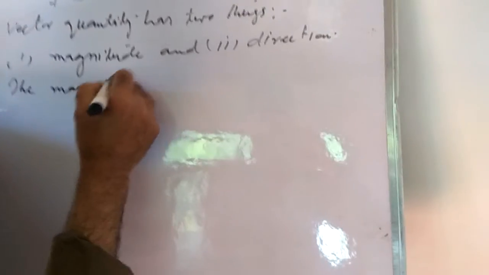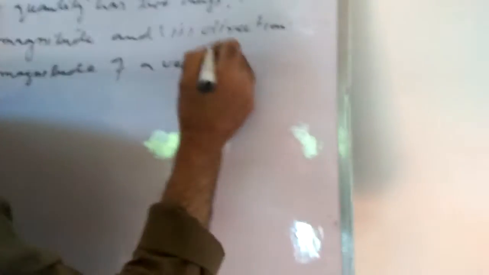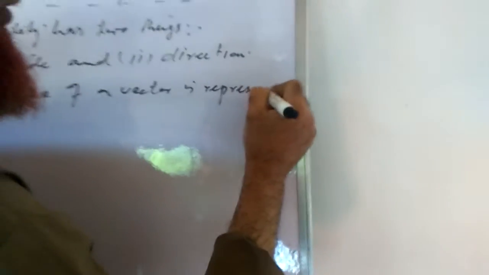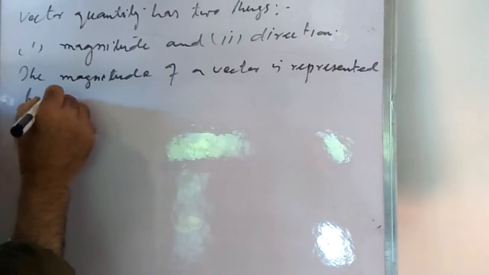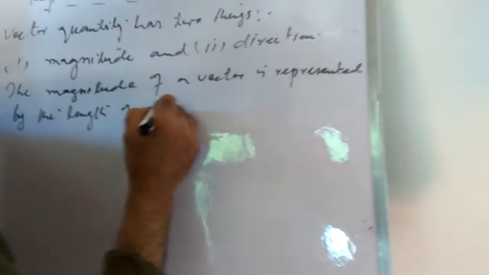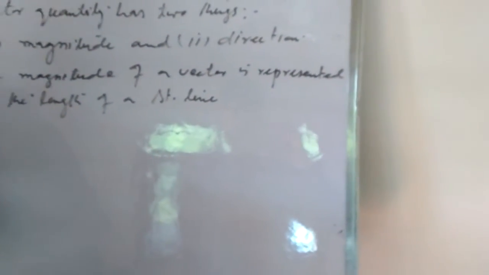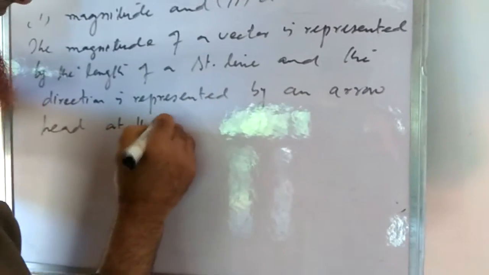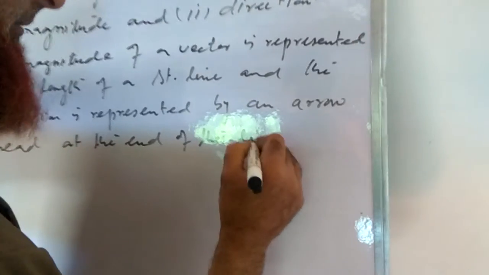The magnitude of a vector is represented by the length of a straight line, and the direction is represented by an arrowhead at the end of the line.